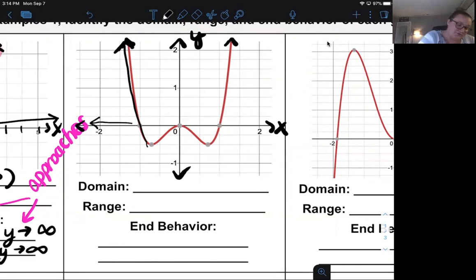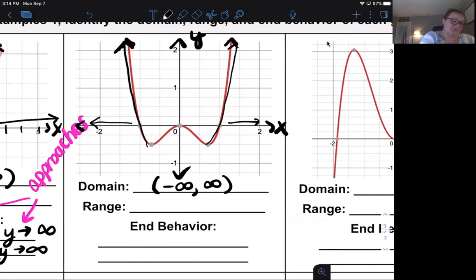So to the left, we go to negative infinity. And then what happens to the right? Again, this graph extends forever, and it's going to stretch and open up more and more as x increases. So we know that we're headed towards positive infinity for our domain.